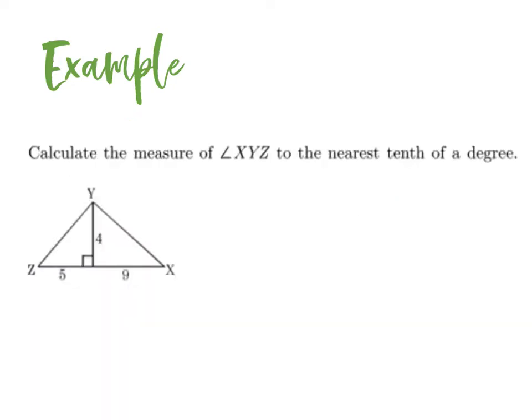Here I want to find the measure of XYZ, which is this angle right here, to the nearest tenth of a degree. For this, I'm going to be using inverse trig because I'm finding an angle.